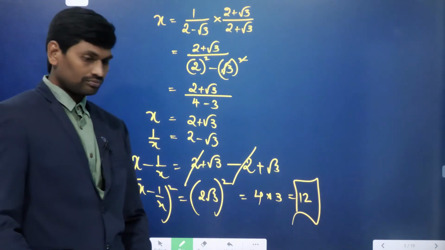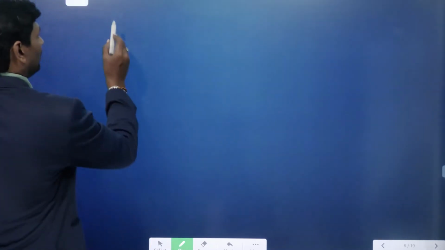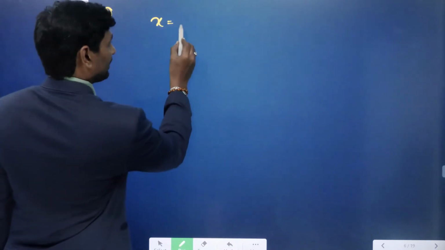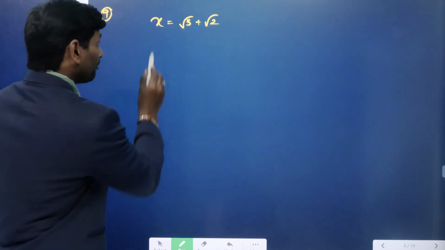Okay now. Please note the question number 9. So x is equal to root 3 plus root 2 and we need to find the value of x plus 1 by x. X value is root 3 plus root 2 and 1 by x value.